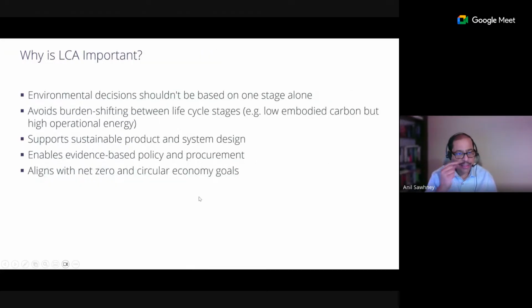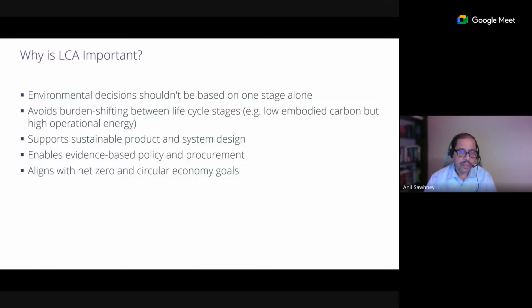So why is LCA important? It is important because it helps us make environmental decisions. And these decisions should not be based on one stage of the product only. Like in construction, right now, most of the decisions we make for the upfront construction process separately, and then when the asset is being used, we make decisions separately.